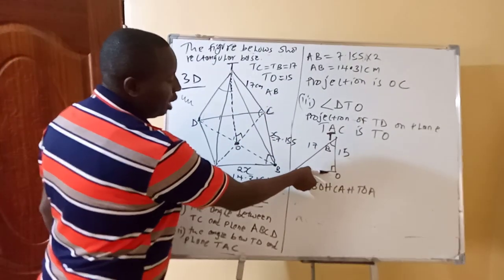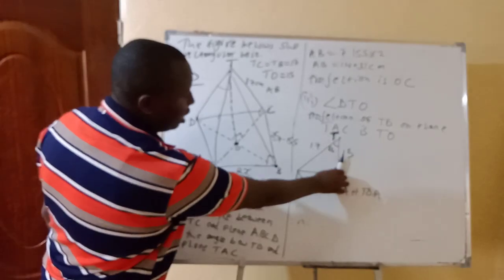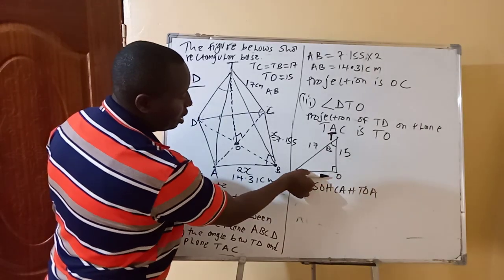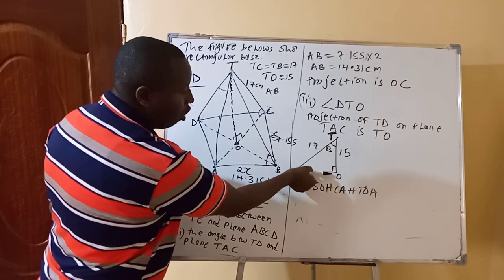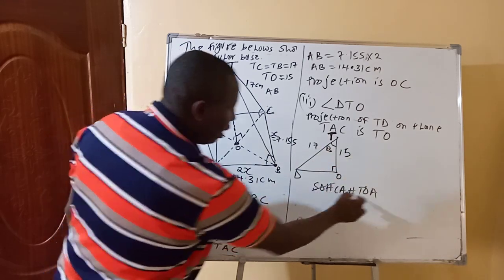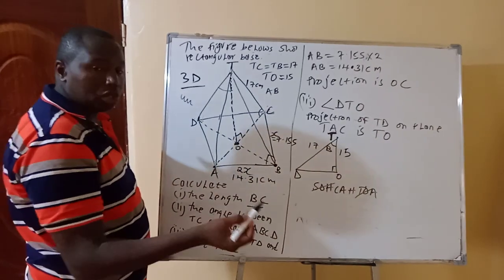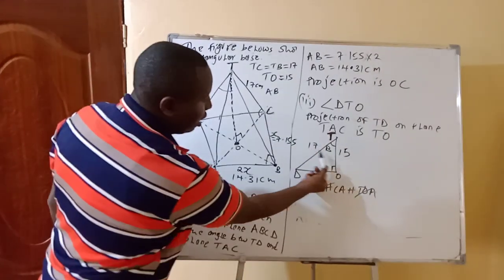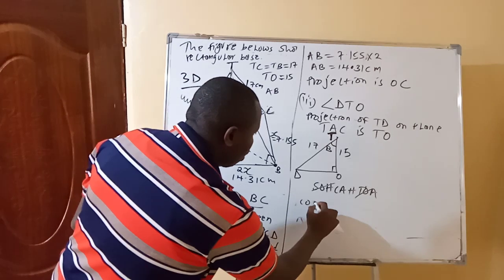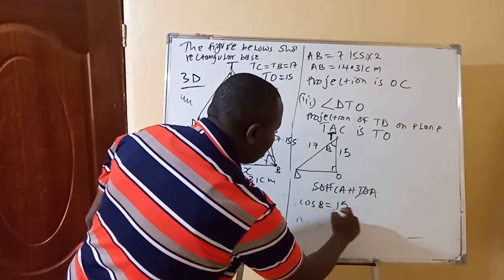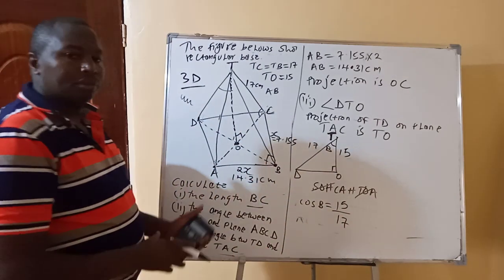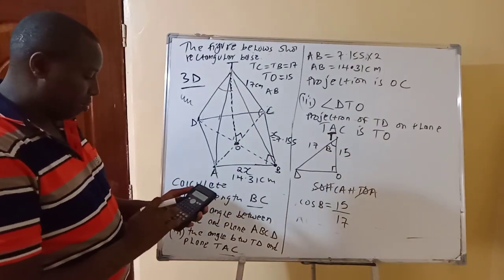We don't use the opposite, we just use the adjacent and hypotenuse, so we use cos. Cos beta is equal to adjacent 15 over 17, so 15 divided by 17.